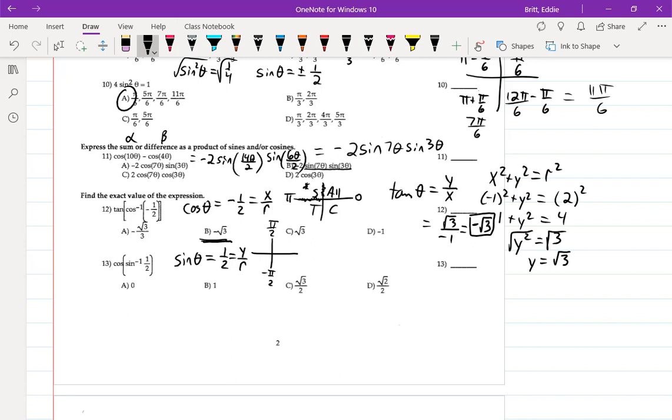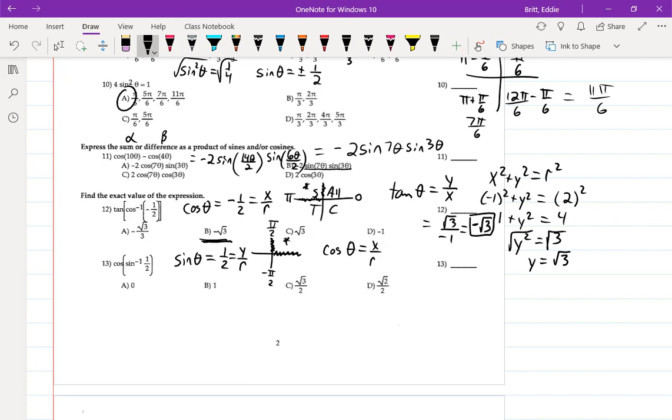So if it's the inverse of a positive, we know we're here in the first quadrant. All x's are positive in the first quadrant. All y's are positive in the first quadrant. We want to find the cosine of whatever angle measure that is in the first quadrant. Cosine of theta is equal to x over r. So we have y, we have r, we need x. So we use the same formula.